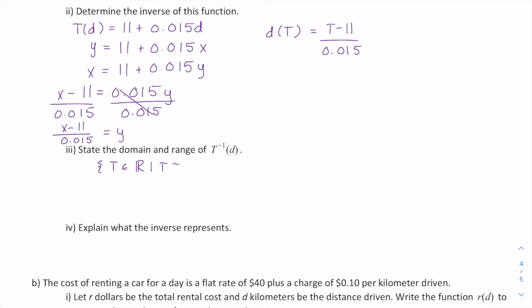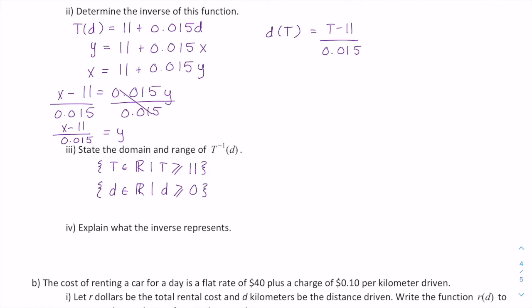So my temperature still cannot be lower than 11. As I go closer to the center of the Earth, it's going to get warmer and warmer. Same with my distance. My distance at the surface is 0, and as I increase towards the center of the earth, my distance is going to increase from there as well.